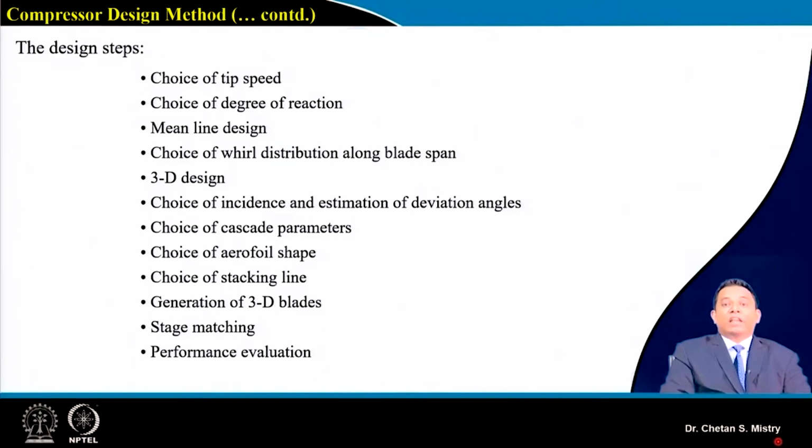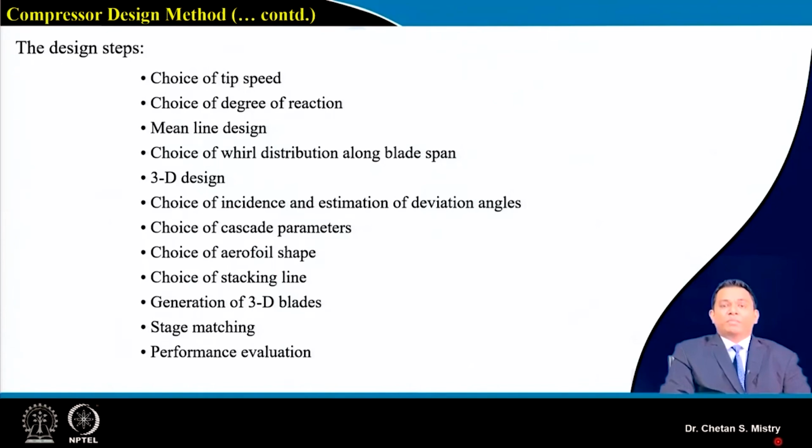Later on people realized that by having the benefit of loss shocks, we are able to achieve a higher pressure ratio, and that is the reason why tip speed is now becoming a very important parameter. For degree of reaction, we realized when discussing low speed applications that near the hub region our degree of reaction may go to 0 or it may go negative.